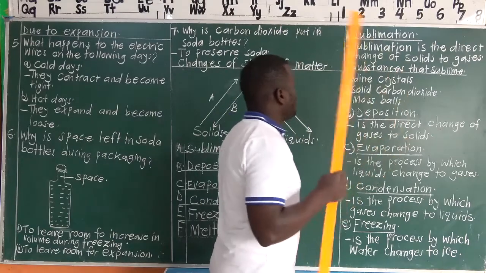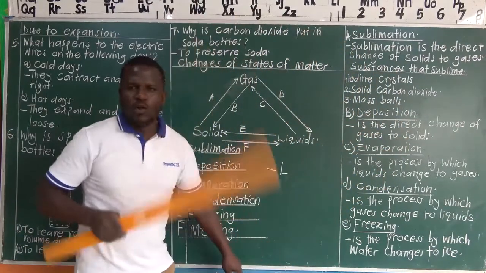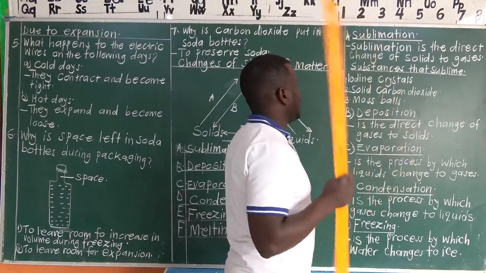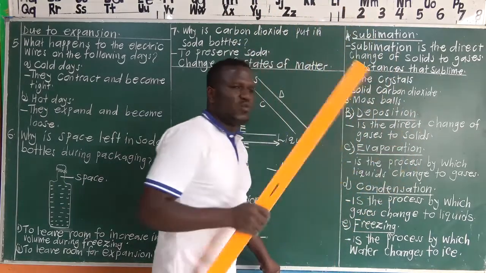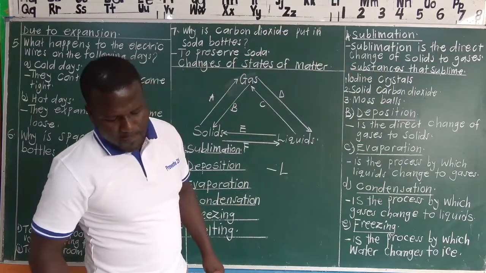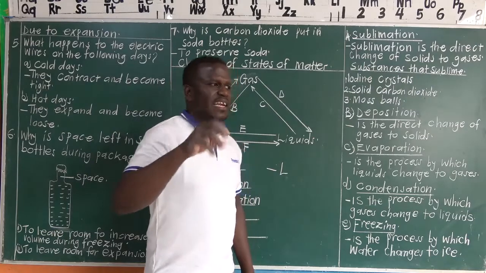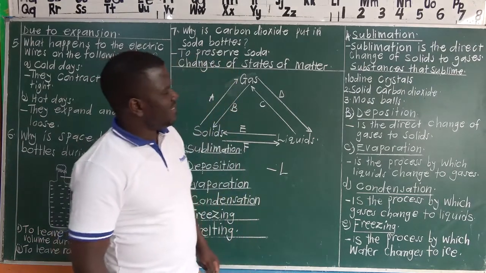Then we have mothballs, which can also change from solids to gases directly. So substances which sublime are called sublimates. Sublimates are substances that can change from solids to gases directly.